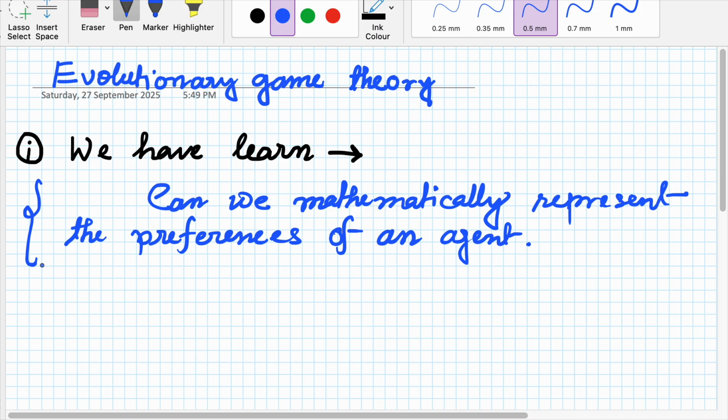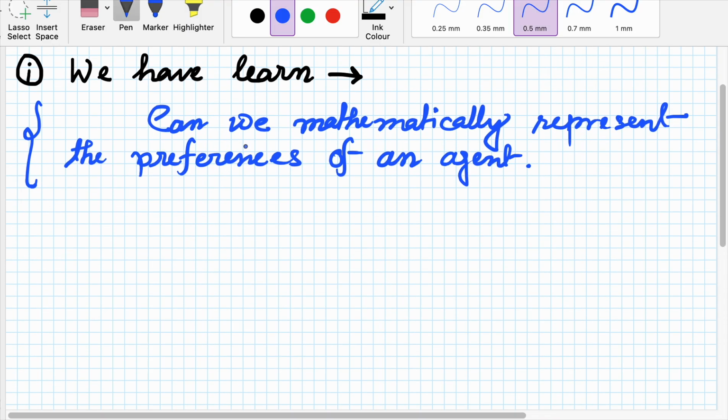So first we have covered these things, whether or not the preferences, and the preferences means the decision making of an agent, it could be human being or it could be anything. If it has preferences, can we mathematically represent it? We have seen particularly two cases.